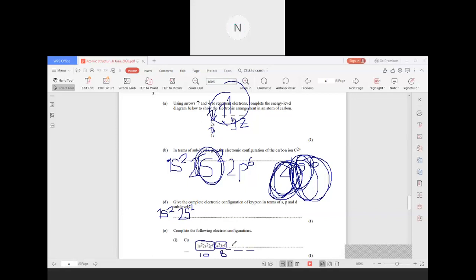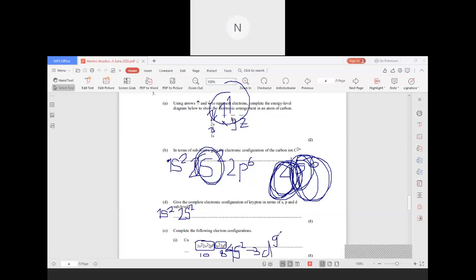Here for 4s2, and then 3d9. 4s2, and then 3d9.